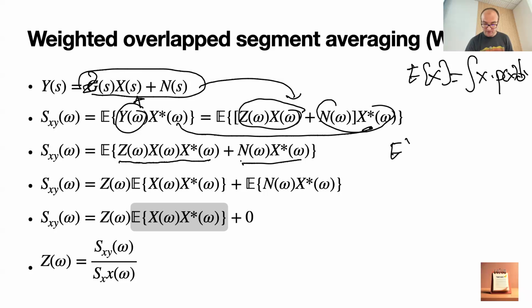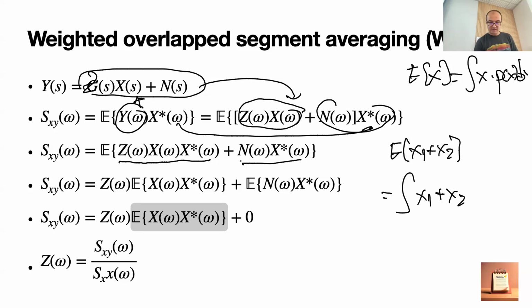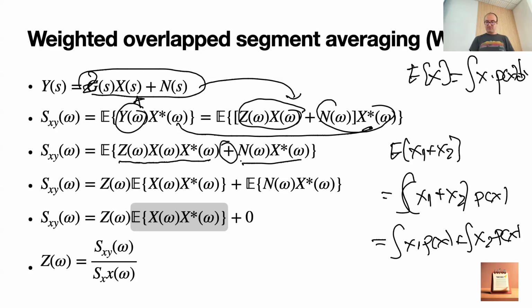If I ask what is x1 plus x2, it is the integral of (x1 plus x2) p of x, and this is the integral of x1 p of x plus the integral of x2 p of x. Here, this plus can go here and here. So this is what I do here.